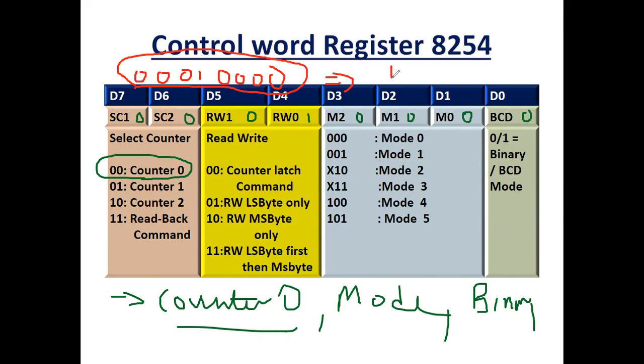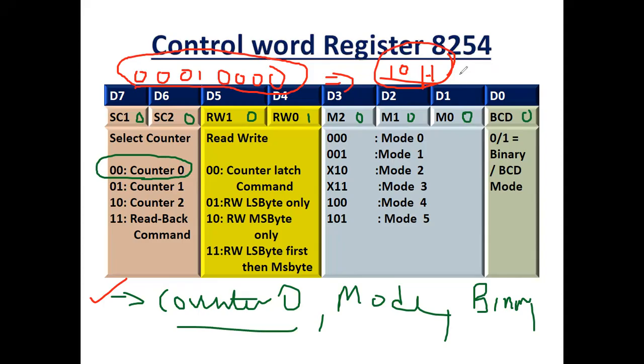This is 10H. So what is the control word for this given problem? 10H. So while interfacing, the user, while writing the ALP program, uploads this value 10H.